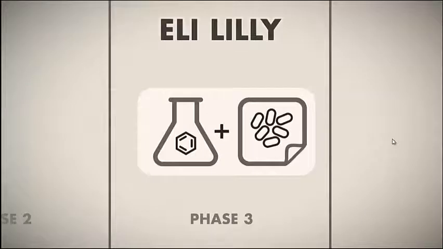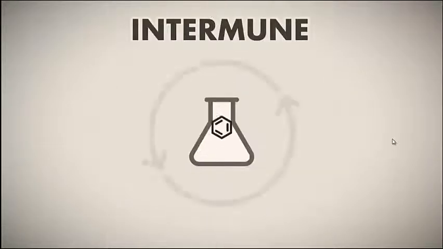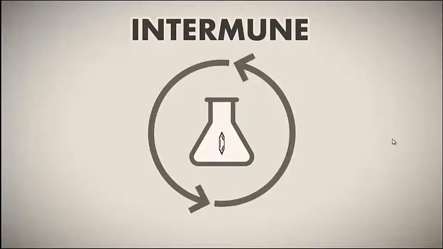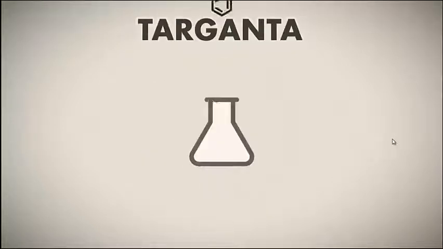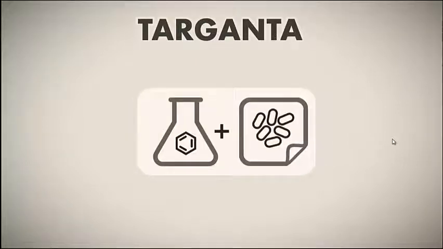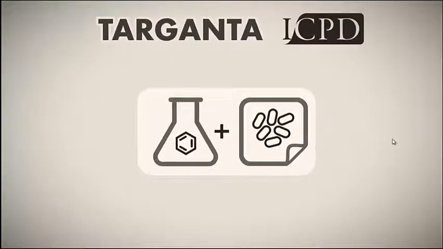So in the early 2000s, Oritavancin development was taken over by Intermune, and they too tried to develop it as a once-daily regimen. Not seeing Oritavancin's potential, they decided to refocus their company and sell it to Targanta. Targanta continued developing it as a once-daily regimen and invited us to work with them.